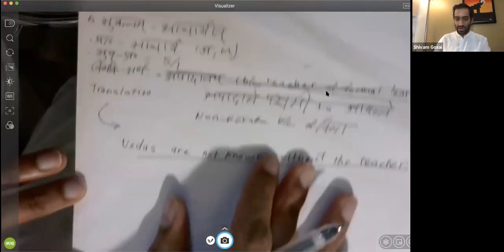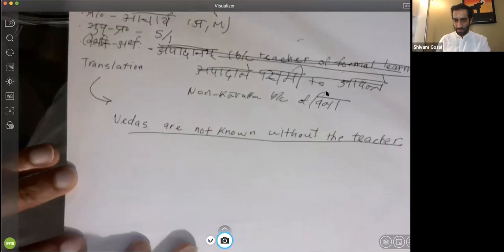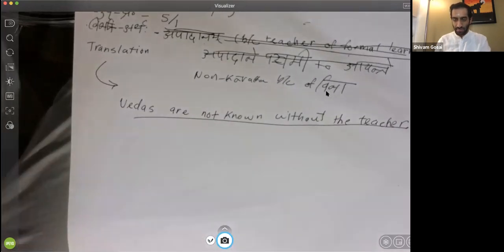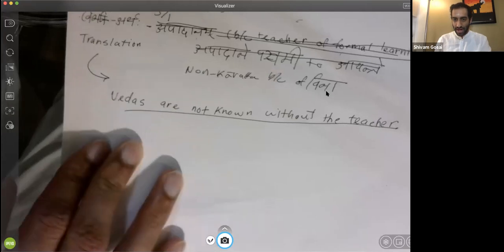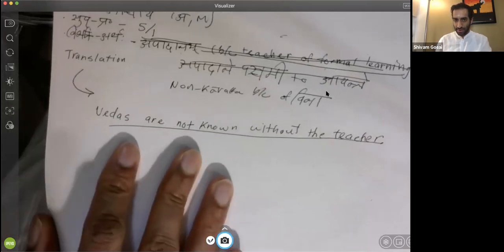Vedas are not known without the teacher. Okay, so if that word vina was not there, it would be apadane panchami. But the word vina is there, so it is non-karaka because of vina, connected to vina. Okay. Any questions with this one?